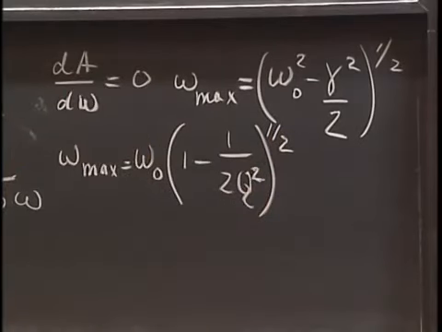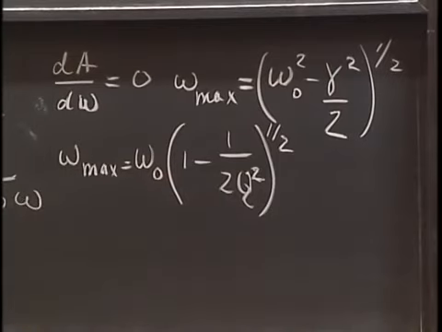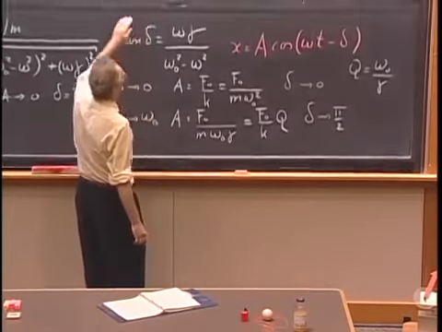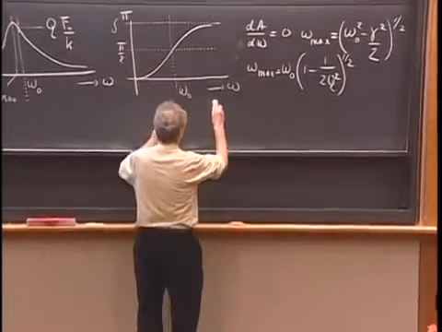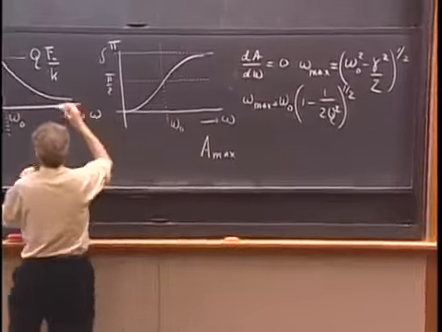And the reason why this is nice, if you know Q, you can immediately evaluate what the difference is percentage-wise between omega max and omega 0. If you want to know what the maximum amplitude itself is, so what A max is, so that's really this value.